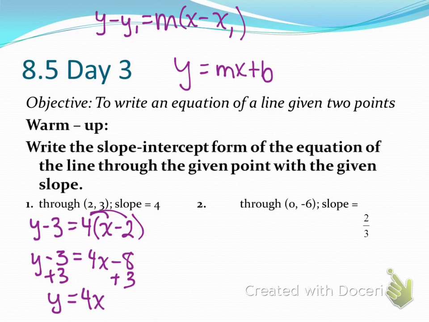Everyone should be able to answer that. Negative 5. So y equals 4x minus 5. You will have questions like that on your quiz tomorrow, so you need to remember those steps. Point-slope form, distribute, get y by itself.